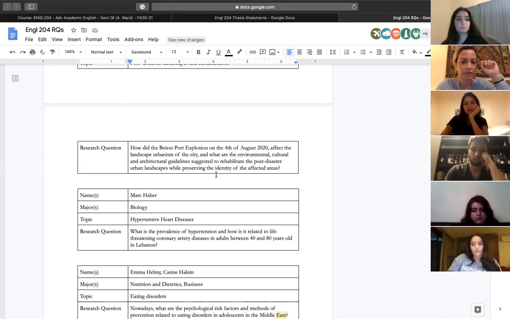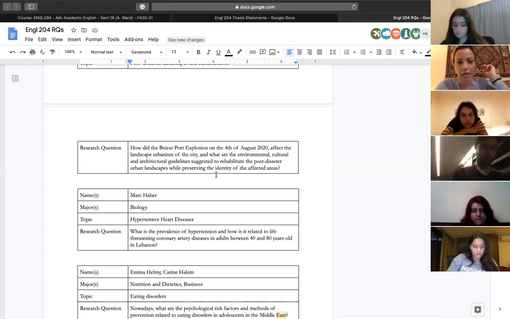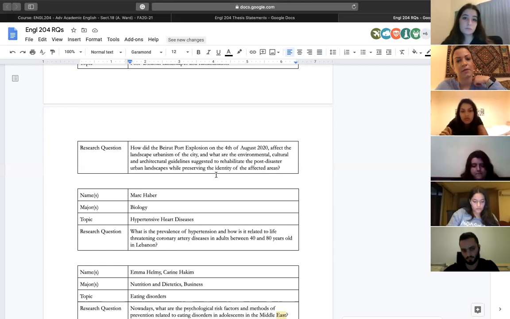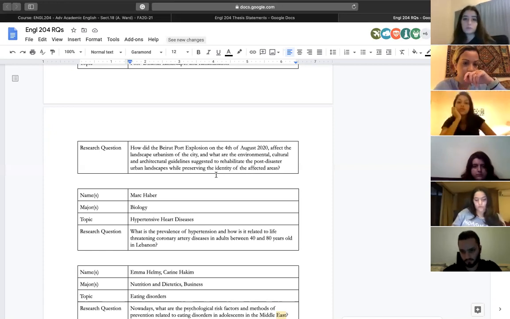I think the second part might be: what are the environmental, cultural, architectural guidelines suggested to rehabilitate the post-disaster urban landscapes while preserving the identity of affected areas? That would be a part that you can probably tackle and work on for the paper. Okay. So I just removed the first part?